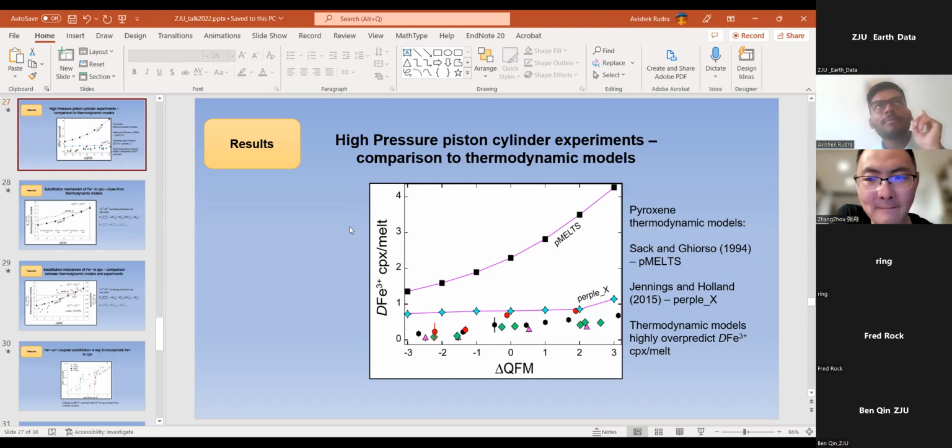Actually, that's a good question, because Paul Asimow has written a book chapter in 2021 exactly addressing this problem. It's one of the Wiley book chapters. But that problem doesn't come from ferric iron in the pyroxenes or spinel. It comes from the fact that there is ferric iron in basalt.